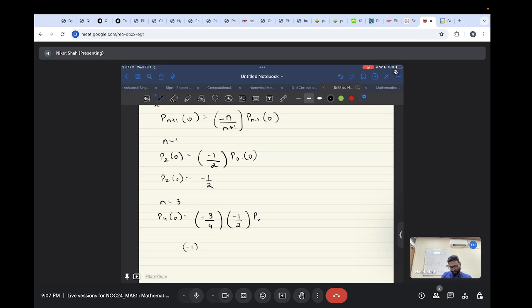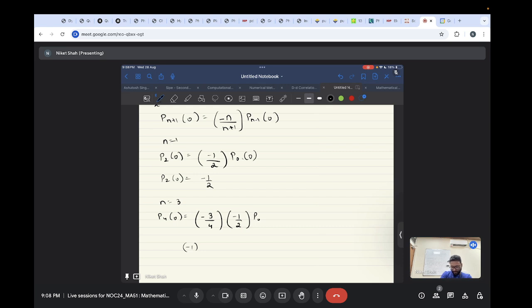The n that I used here, I can put up some general relation.